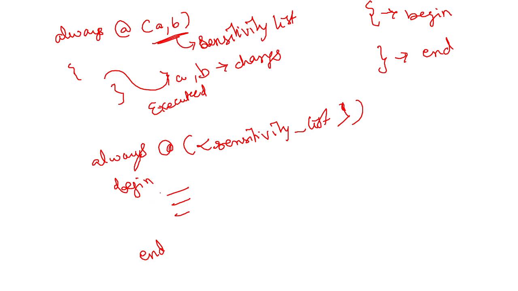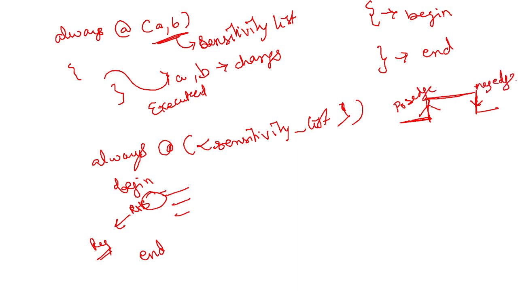So here this RHS should be a register type variable. And for example, if we have a clock which is having a positive edge and a negative edge, so this is like pos edge and this is like negative edge.